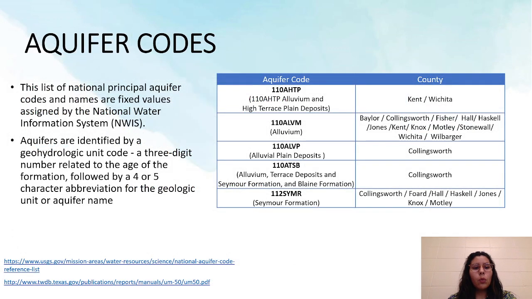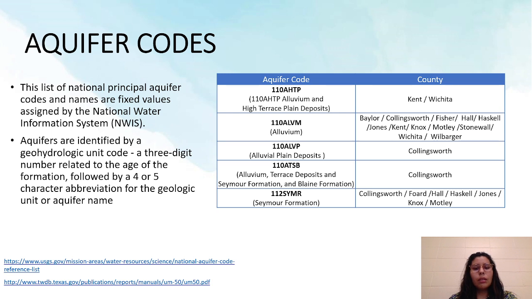After we found these tables, we can see now that we have 5 different aquifer codes, which are inside of the Seymour aquifer. This list of national principal aquifer codes and names are fixed values assigned by the National Water Information System.